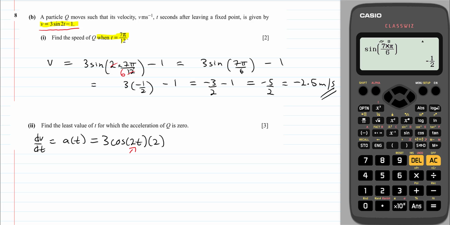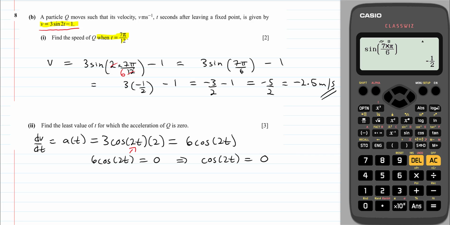So now we get our acceleration. That's going to be equal to 6 cos of 2t. Now we just need to set this equal to 0 and solve for t. So we have 6 cos of 2t is equal to 0, and that implies that cos of 2t is equal to 0.